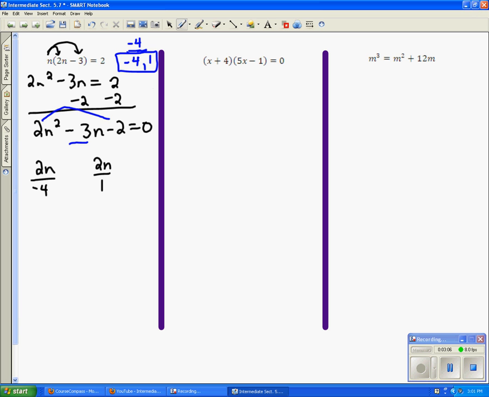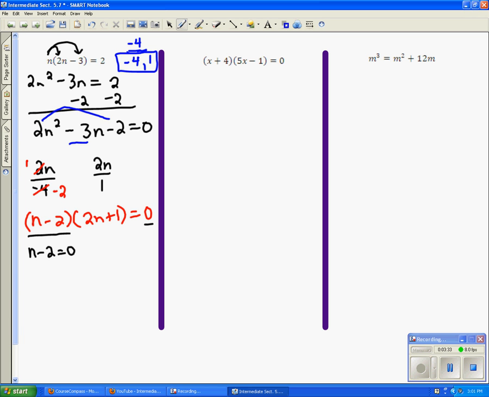And now I want to simplify. This factors out of 2. So I'm left with 1n minus 2, which is just n minus 2. And the next one doesn't simplify, so I just have 2n plus 1. And now I bring down my equals 0. Take my first parenthesis, set it equal to 0 and solve.